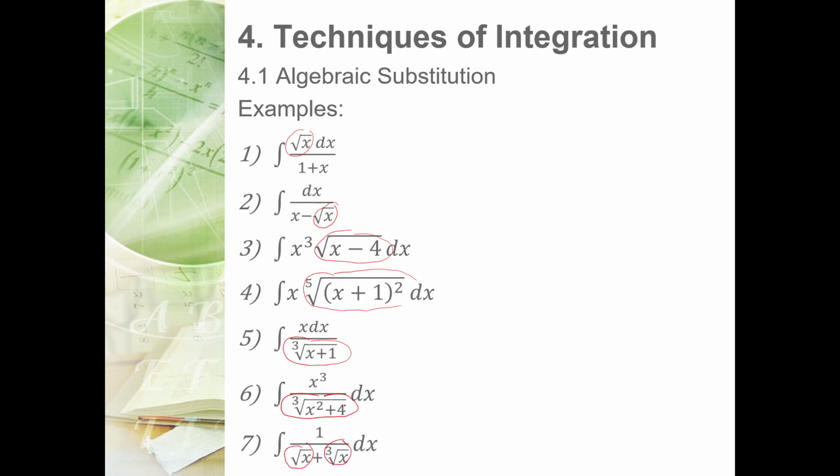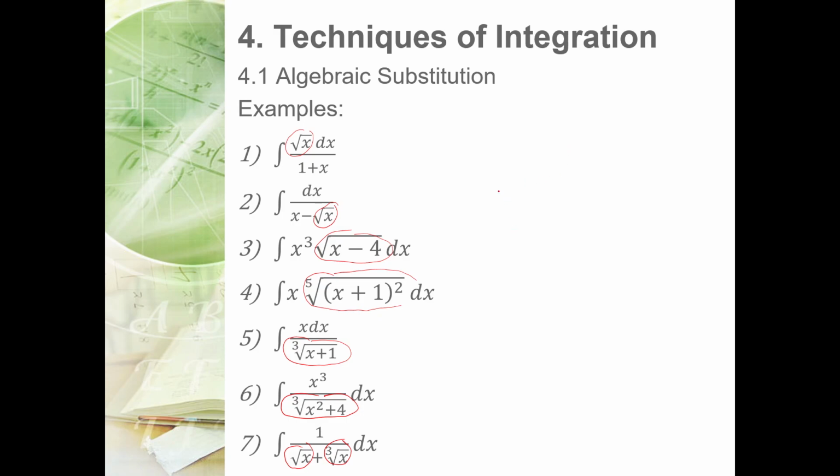Notice that all of the examples have radical expressions. So algebraic substitution is more inclined to the replacement of radical expressions compared with any other substitution technique. You may also try to use algebraic substitution on non-radical expressions, but probably a better way to do it is through other methods.